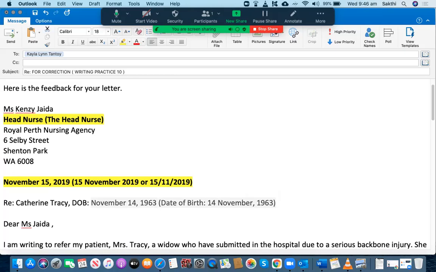This is much better than what she has written. Remember that you always have to expand all your abbreviations. Whatever abbreviations you see in the case notes need to be expanded in your letter. The letter is 100% formal. You need to keep this in your mind.